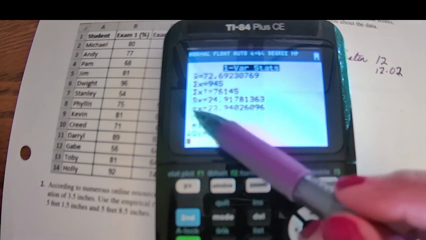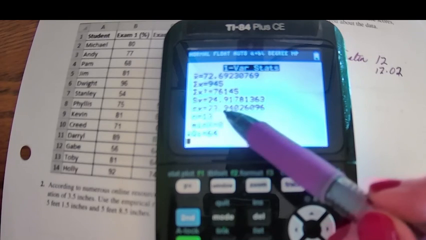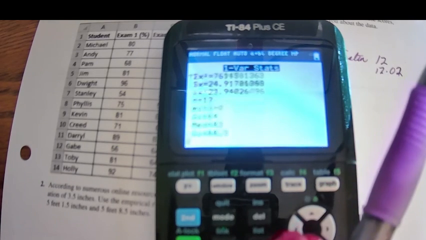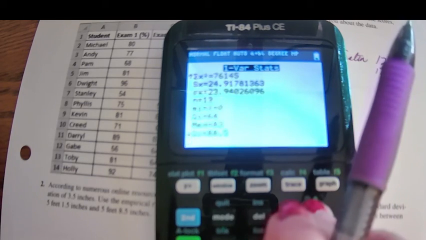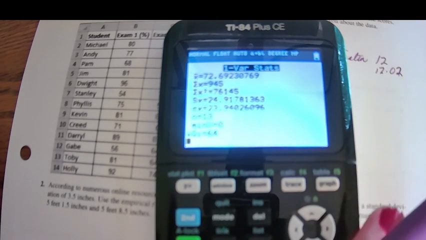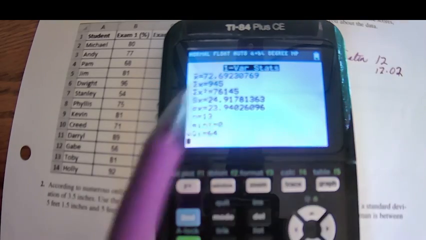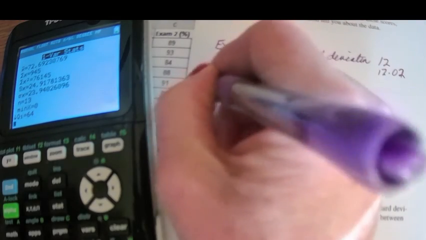And here my standard deviation is 23.94. My minimum value was 0 and my maximum value was 93. But the mean is 72.69 and the standard deviation is 23.94 for exam 2.